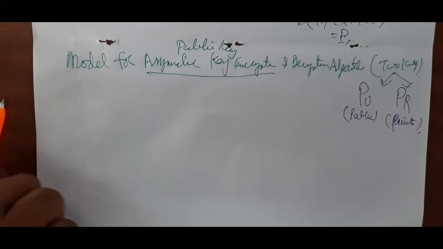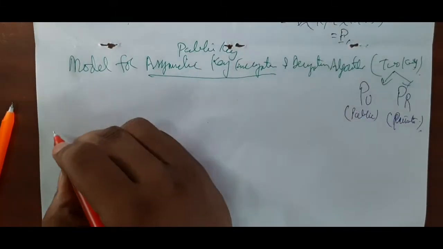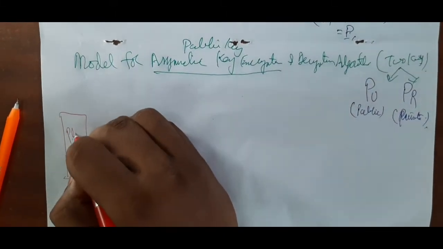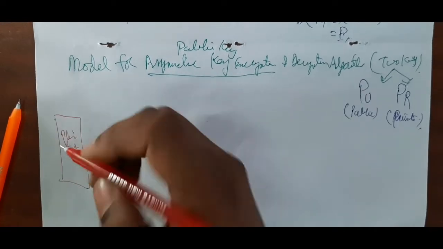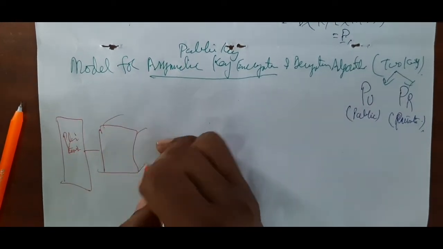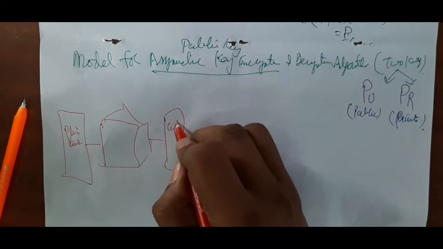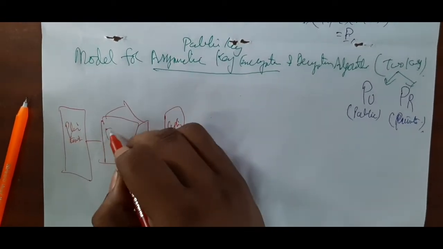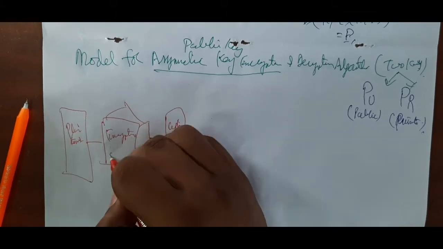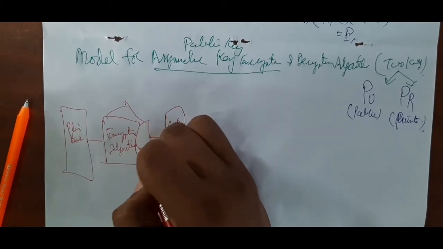Now coming to the topic, here also it is the same process. We are going to take the plain text and give it to the encryption algorithm. You will get back the ciphertext. So here it is the encryption algorithm, right?